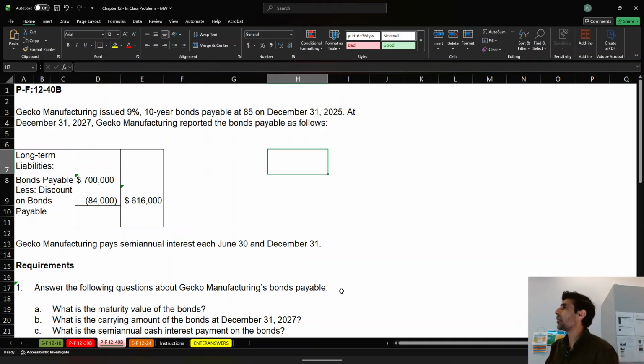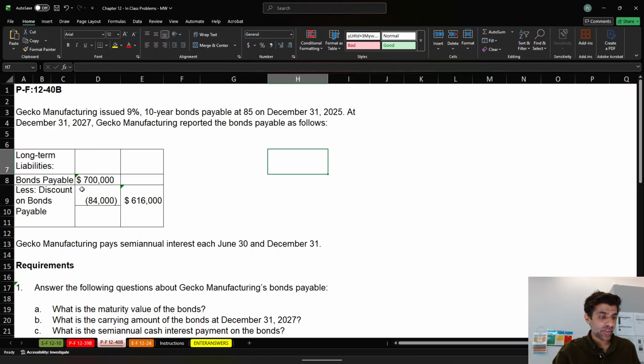So if I were you, what I would do is figure out what the journal entry was when the bond was issued. Because remember, based on whether it was a discount or premium, whatever happened to that initial issuance is the starting point for the balances going forward, as you amortize it.